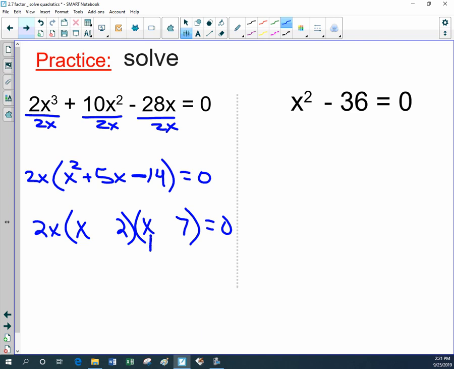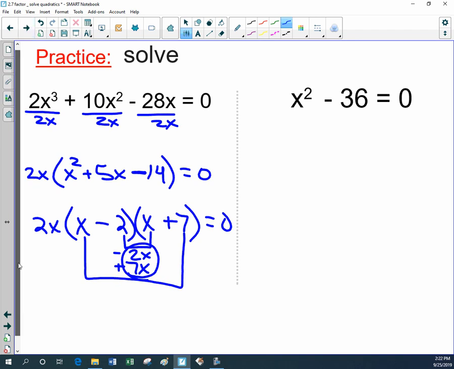So if I test, this is 2x, this is 7x. Because the signs are opposite, I'm looking for the difference of these two. The difference of 7 and 2 is 5. So to get a positive 5, the 7 would be positive and the 2 would be negative. So it'd be x minus 2 and x plus 7.